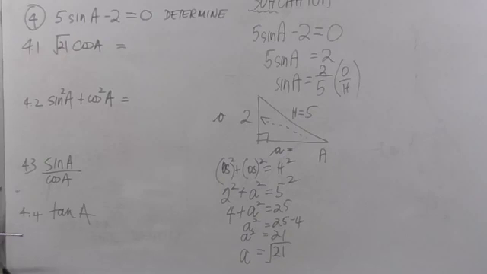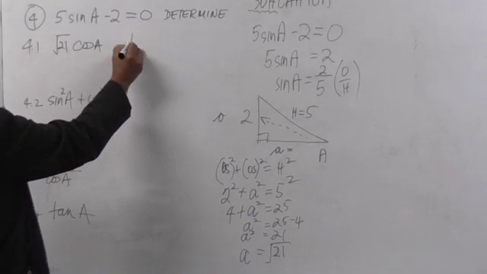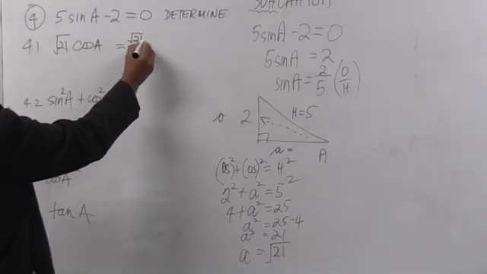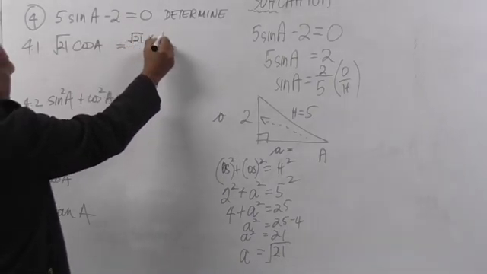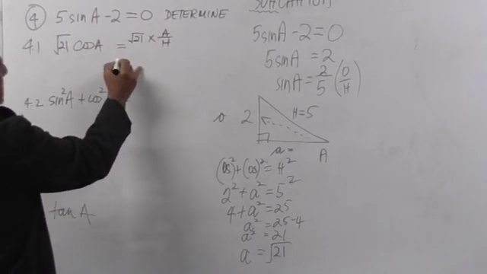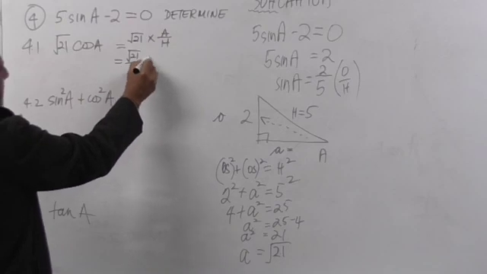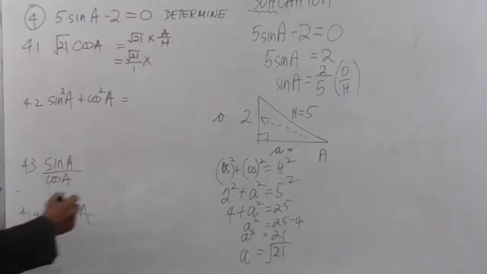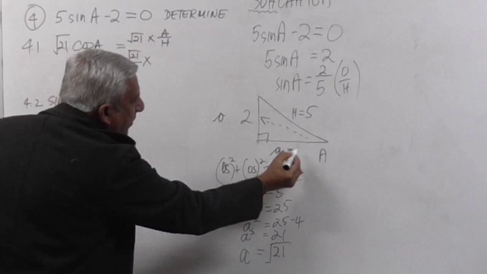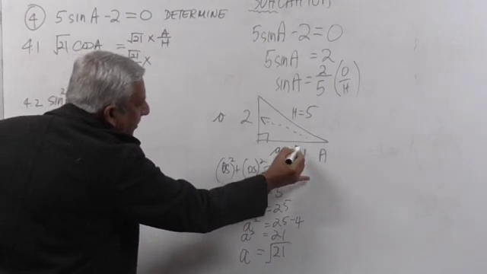Right. Root 21 cos A. Now root 21 cos A means square root of 21 times cos of A, which is A over H. So that root 21 is actually root 21 over 1 times A. We found A. A is root 21. So we write that down there now.